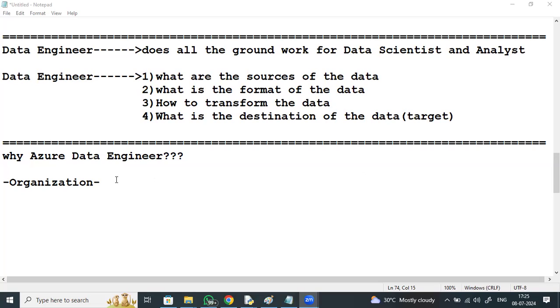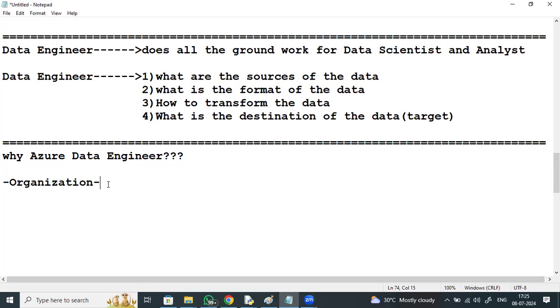The organization is using Azure for its operation.